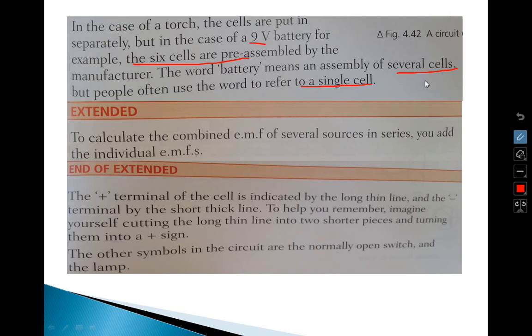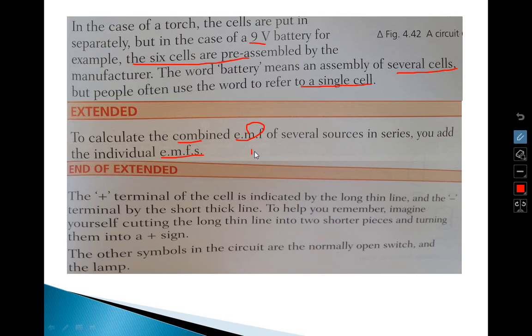So you can say cell, you can say battery, you can say power supply. They all give the source of voltage. The source of voltage pushes the current to move through the circuit. To calculate the combined EMF or voltage of several sources in series, you add the individual ones. This is the summation of them.